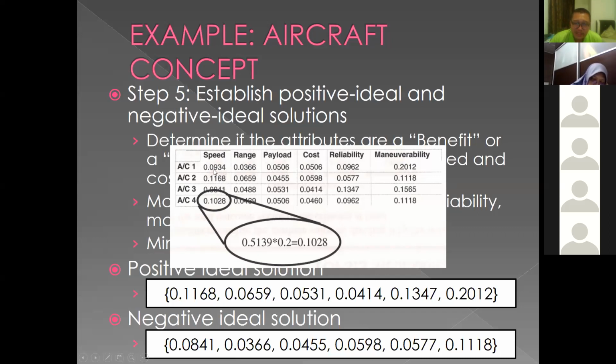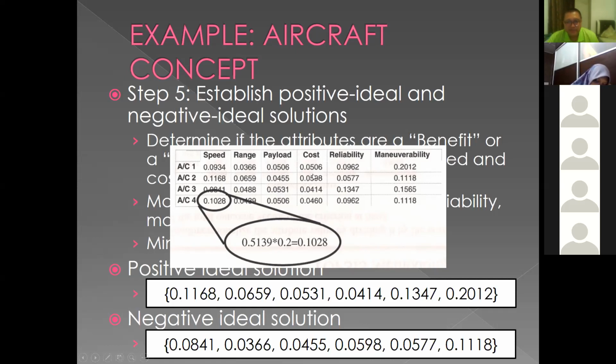We are looking at the highest because we are talking about the positive ideal solution. So for speed, the highest is 0.1168, so we put it there. For the range, the highest is 0.0659. And for the payload, the highest is 0.0531.